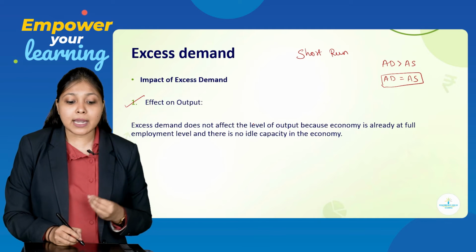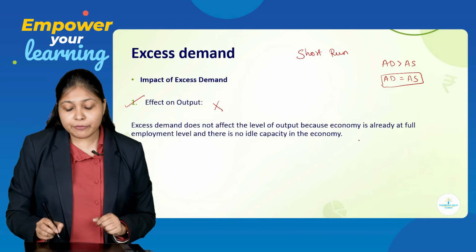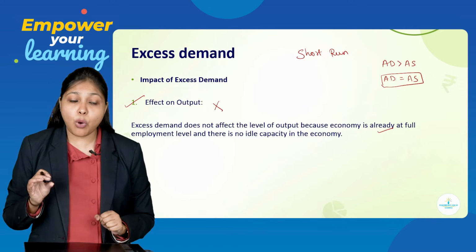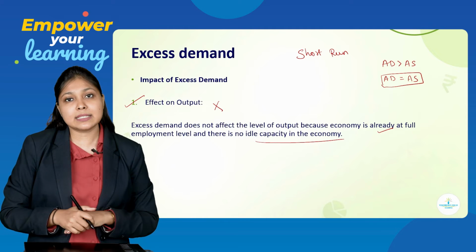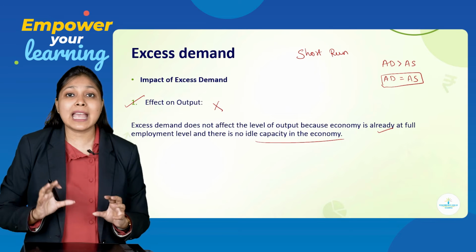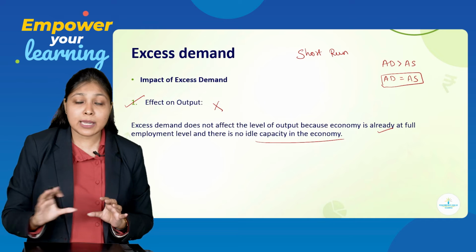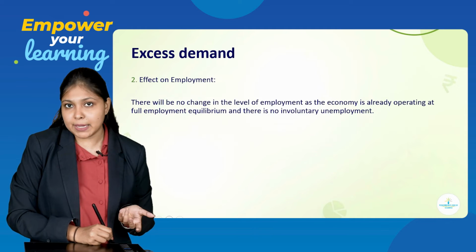So, excess demand has no effect on the level of output, because the economy is already at the full employment level and there is no idle capacity in the economy. So, the economy is already working at its full capacity level, at full employment level. Now, it is very difficult to increase the supply.